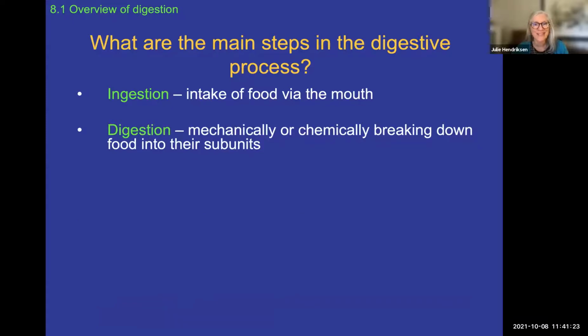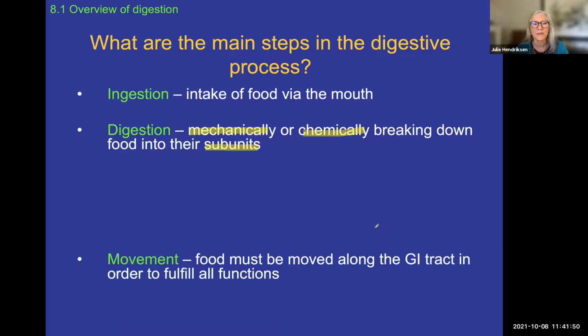When we talk about digestion, we're looking at mechanically and chemically breaking down food into what we're going to call subunits. So this is both mechanical and chemical breaking down, because these subunits have to be formed for us to actually pull it across our intestinal tract and begin to use the nutrients and the minerals and so on that we need.